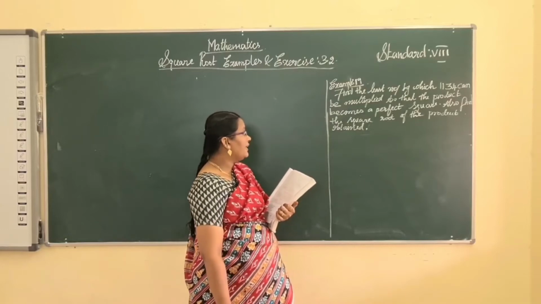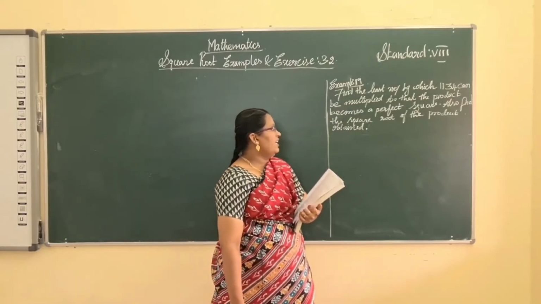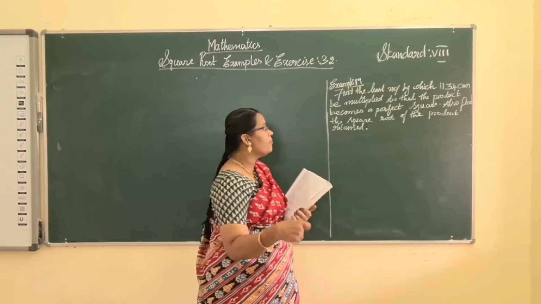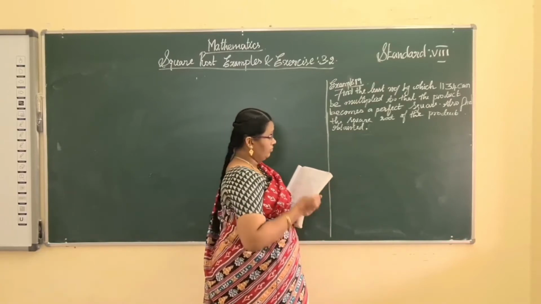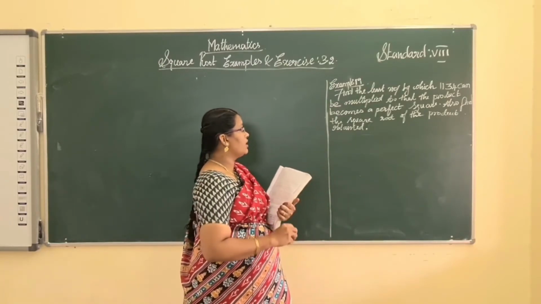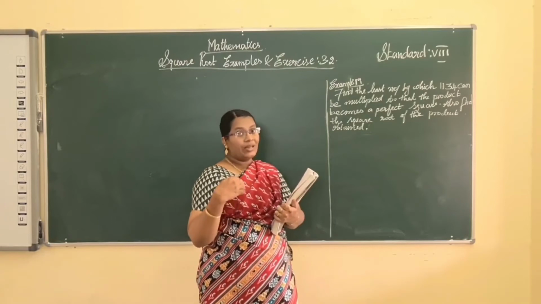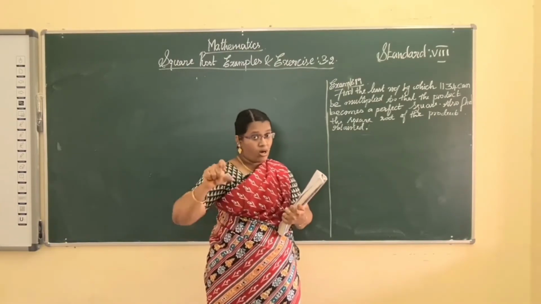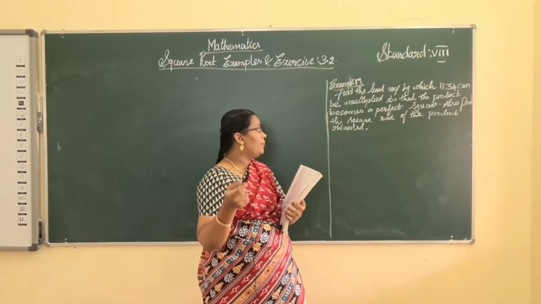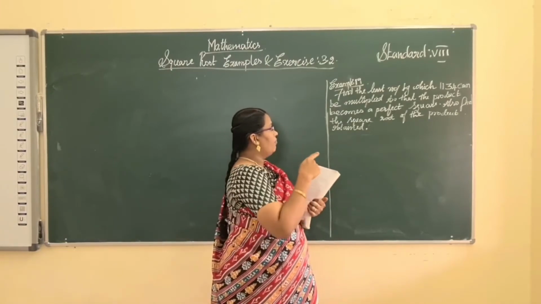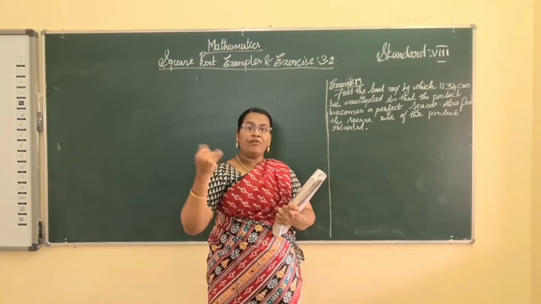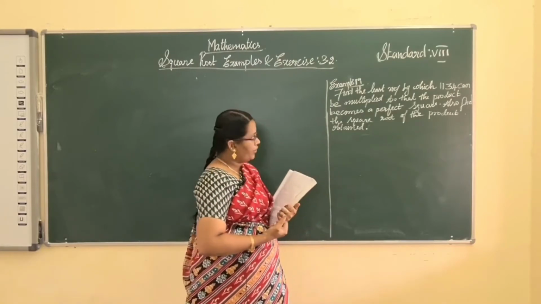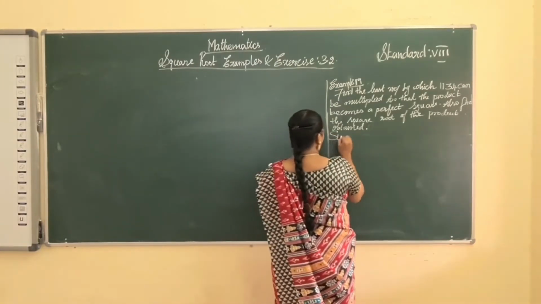Find the least, meaning smallest, number by which 1134 must be multiplied. So here multiplication is given. First of all we find the smallest number which we multiply with the given number to get the perfect square. After that, find the square root.